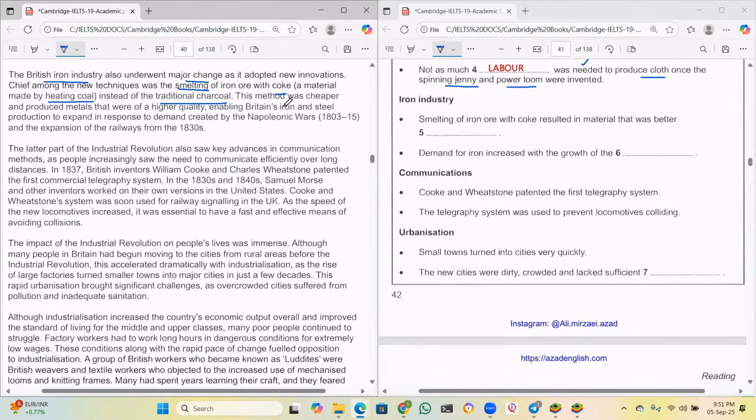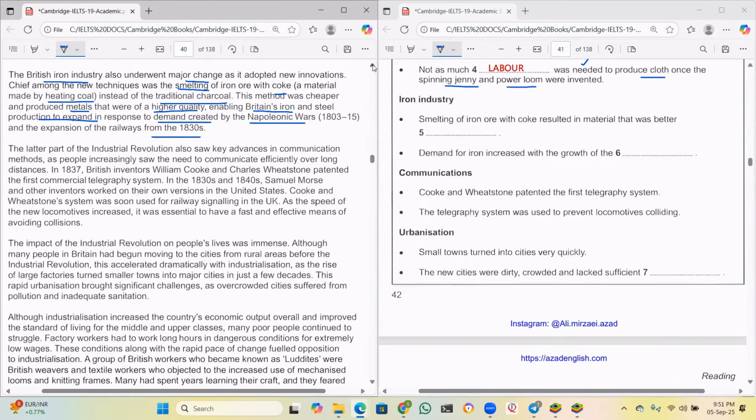This method was cheaper and produced metals that were of higher quality, enabling Britain's iron and steel production to expand in response to demand created by the Napoleonic Wars and the expansion of the railways from the 1830s. Okay, good.